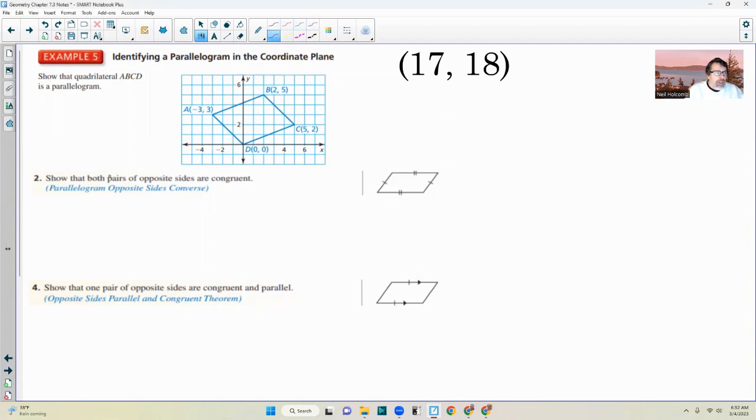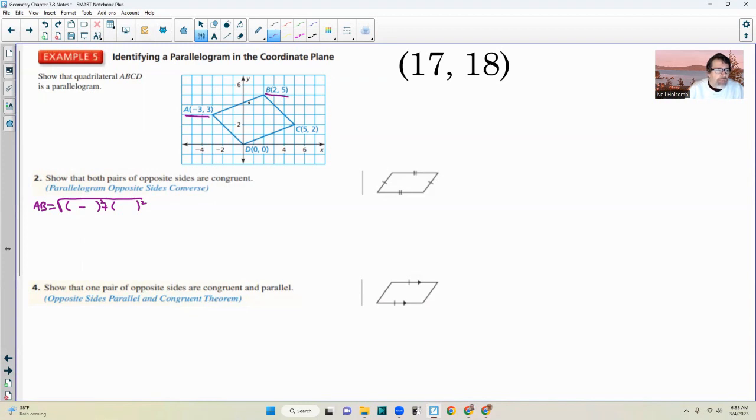So number 2, show that both pairs of opposite sides are congruent. So I want to know the length of AB. Let me start over here. AB equals the square root of the difference of the x's squared plus the difference of the y's squared. For AB, this is my endpoint, this is my other endpoint.